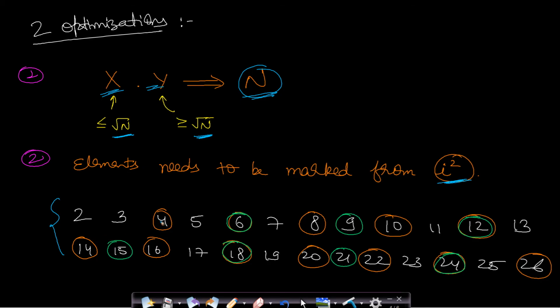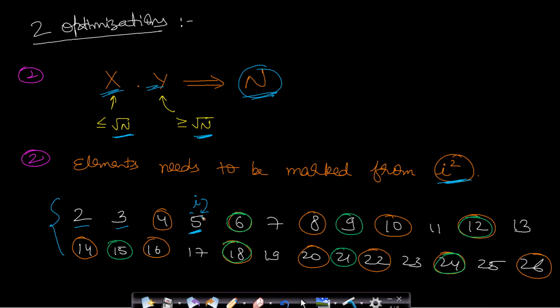This is an example. Let's say you are at this 5, your I equals 5, and you found that this is a prime number. Then when you are at 5, all the multiples of 2 and 3, which were already found as prime numbers, are marked. Multiples of 2 are marked in red and multiples of 3 are marked in green.